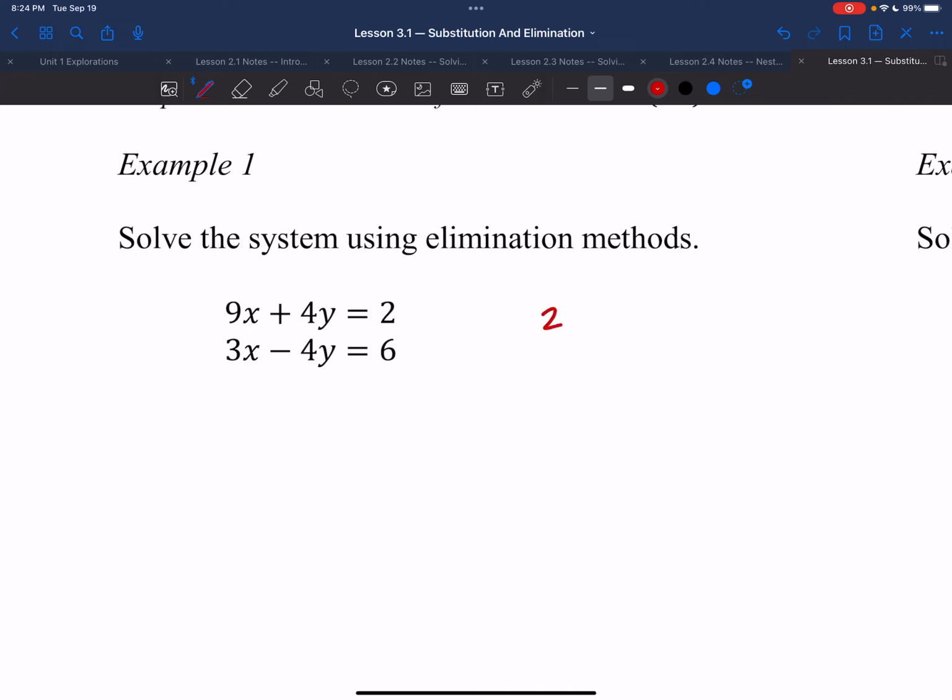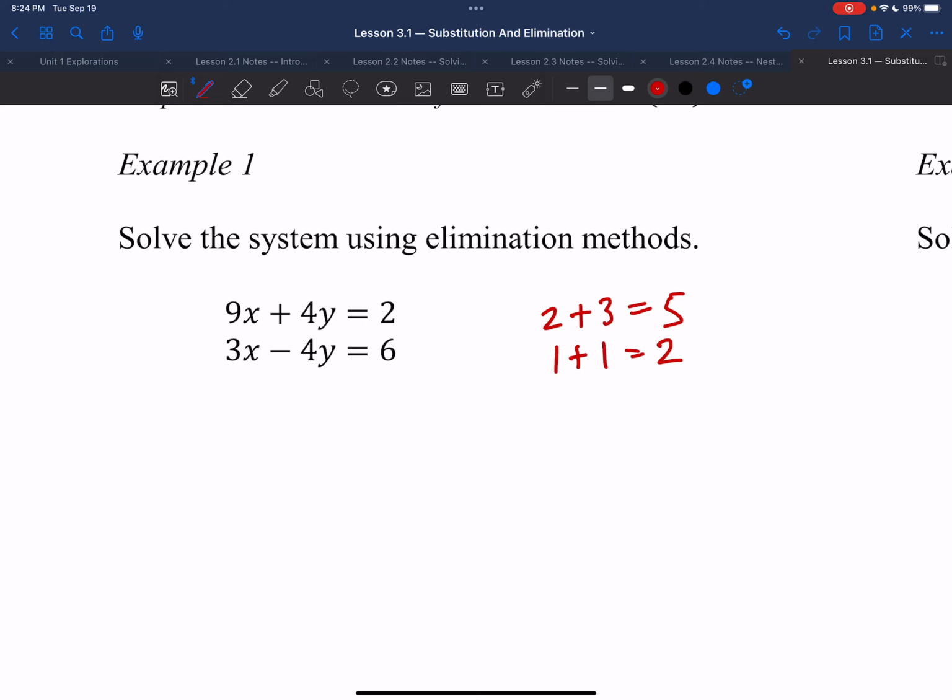Do you agree that 2 plus 3 is 5? And you would say, yes, Mr. Spake, I agree that 2 plus 3 is 5. And then I would say, do you agree that 1 plus 1 is 2? And you would say, yes, Mr. Spake, I agree that 1 plus 1 is 2.